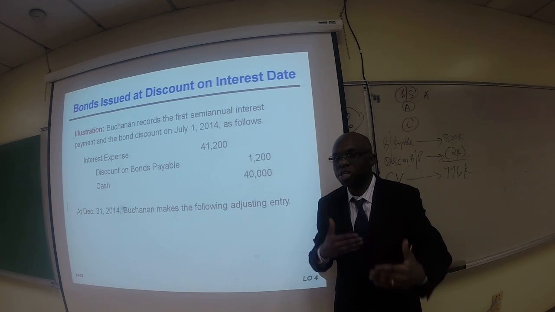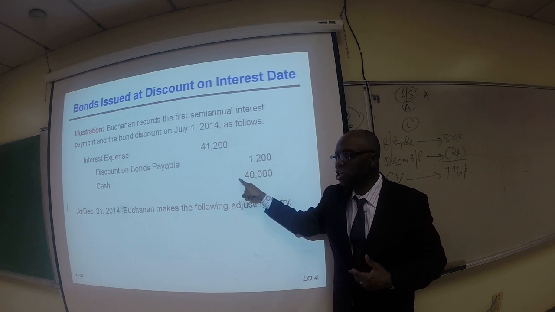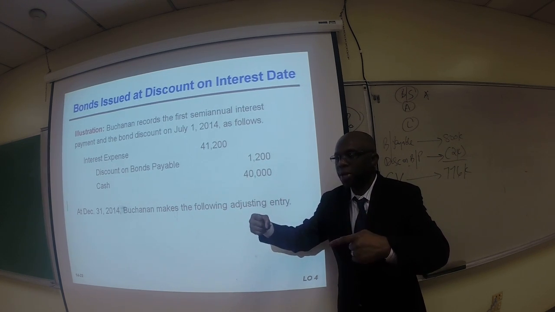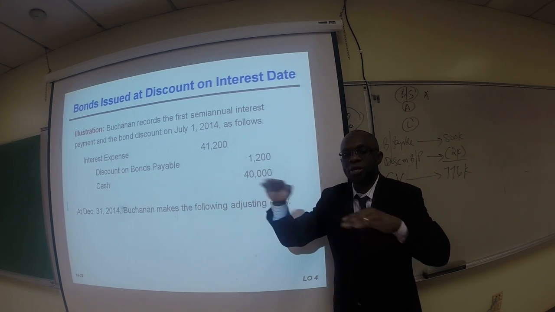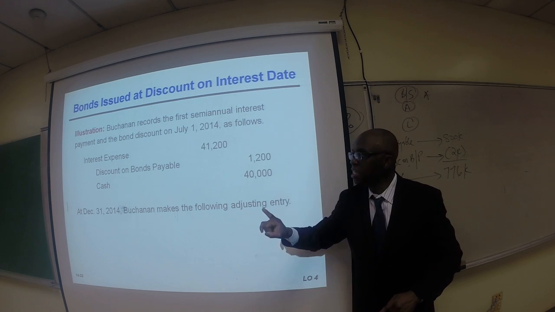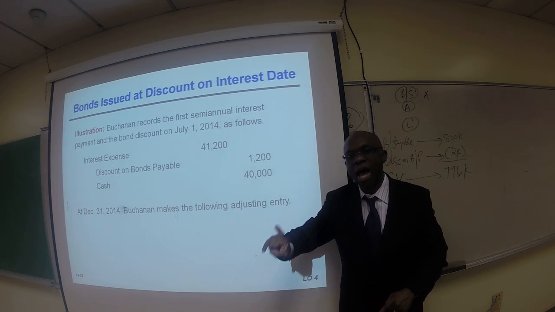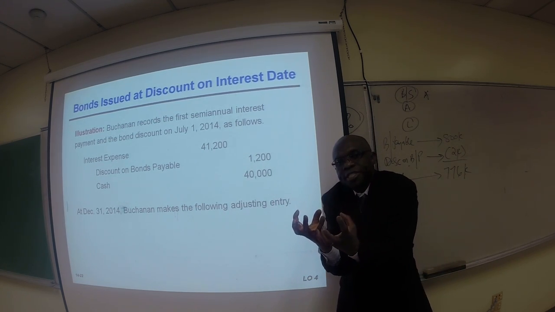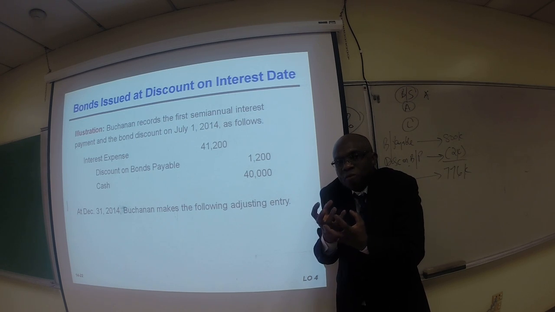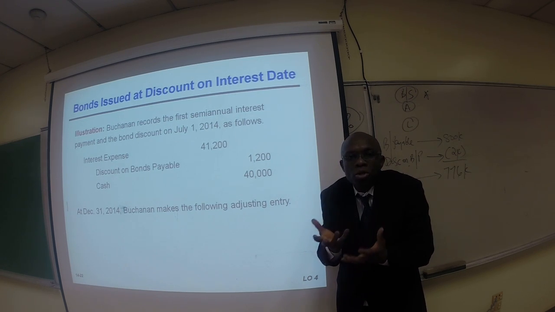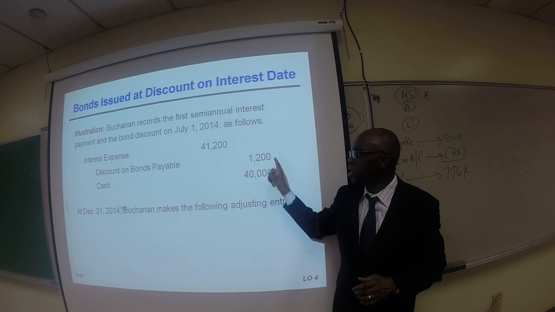Recall, when the bond was issued at par, the cash interest payment and the interest expense were the same. In this case, the interest expense is higher because we have to deal with that $24,000 discount, one way or the other, and that is what we are doing and allocating.